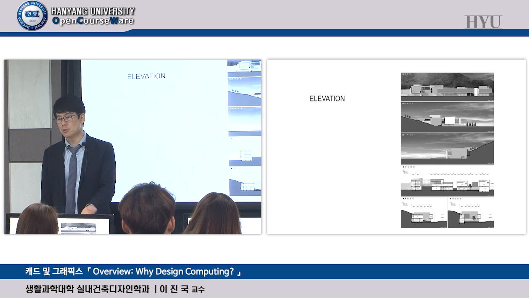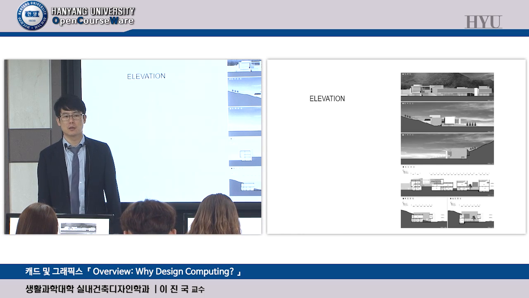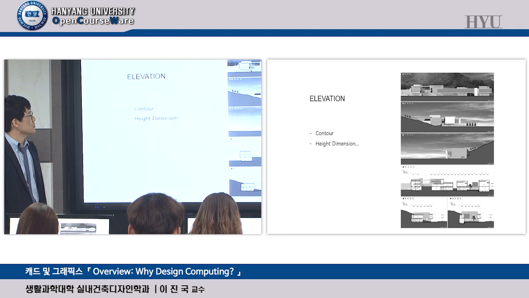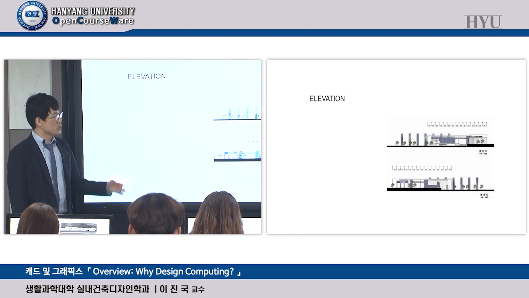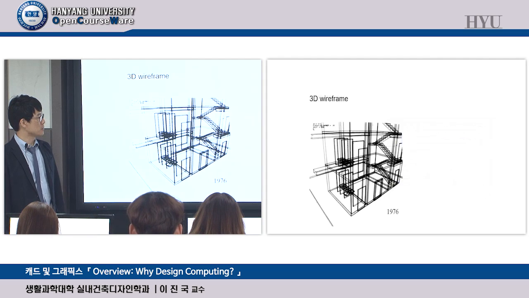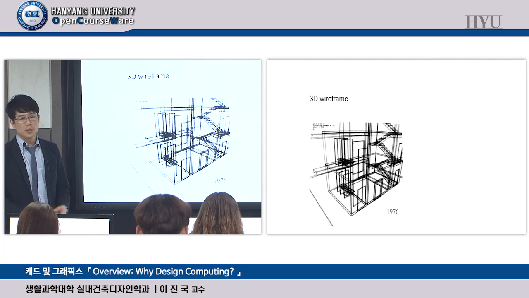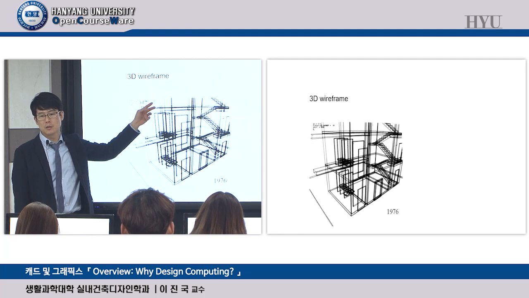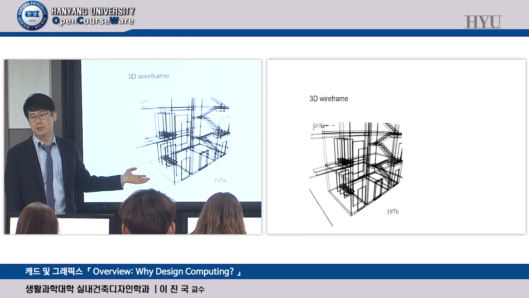You can figure out the scale of that building plan and so on. More cases of elevation. Also there are trees. Okay, now 3D. This is so-called 3D wireframe. Wireframe means all drawn by lines.